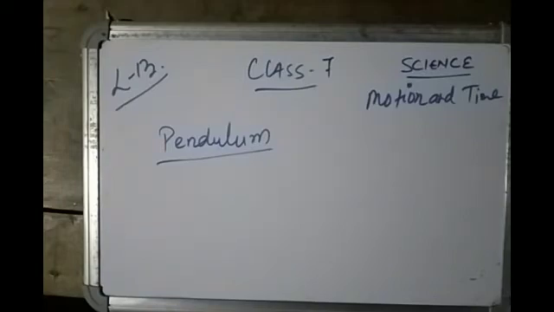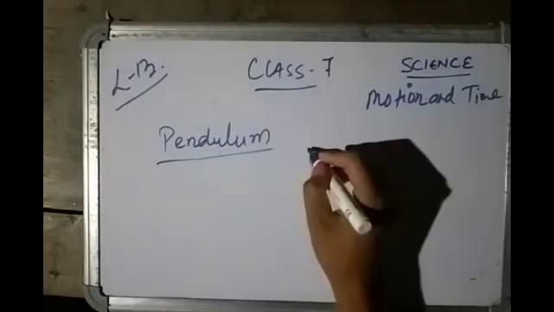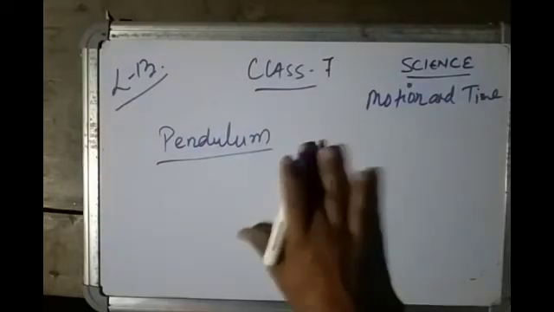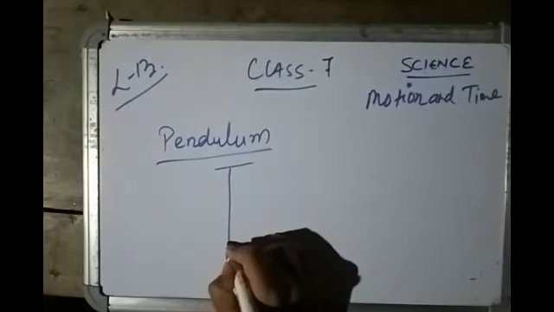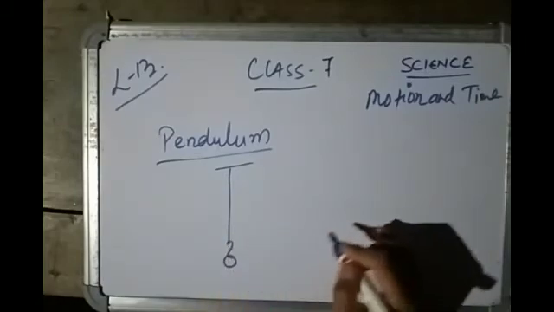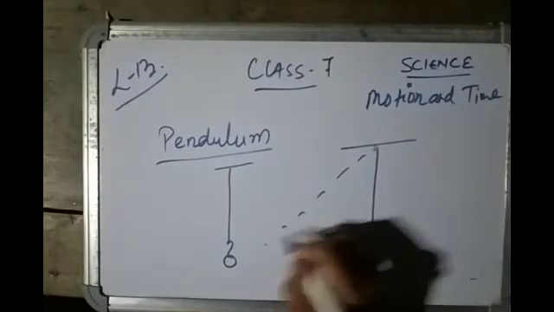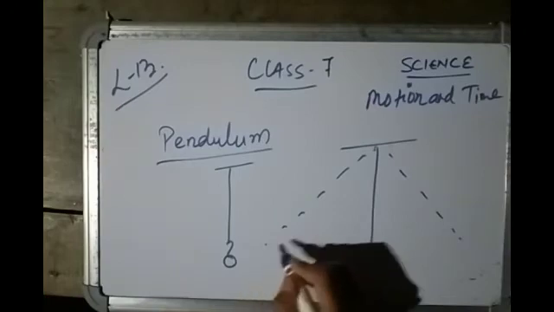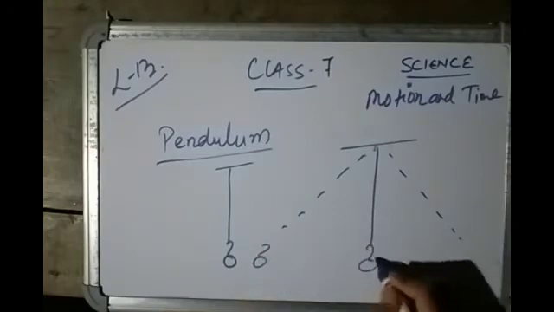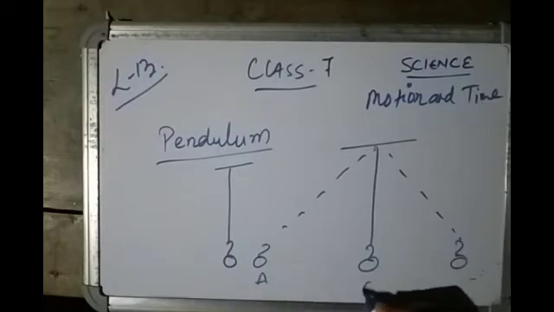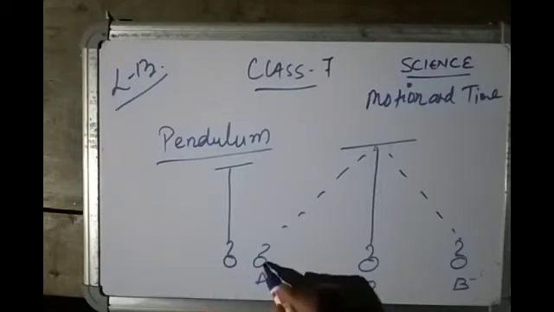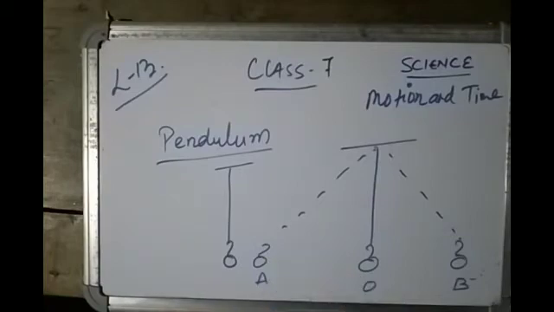A simple pendulum consists of a small metallic ball, as you see in the picture and diagram given on page 146, or a piece of stone, which is suspended from a rigid stand by a thread.